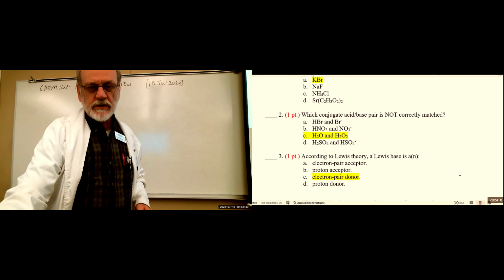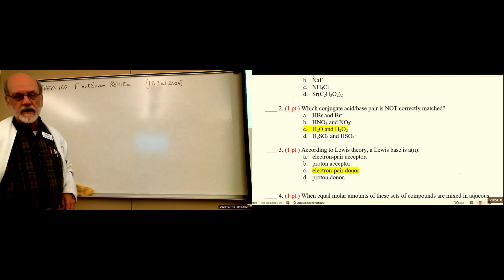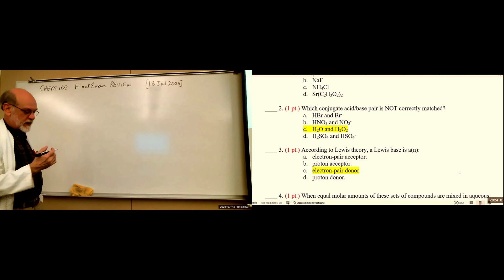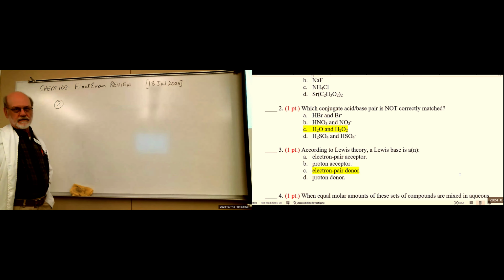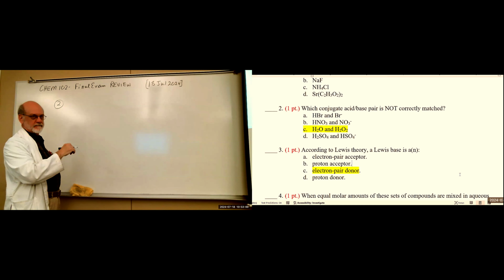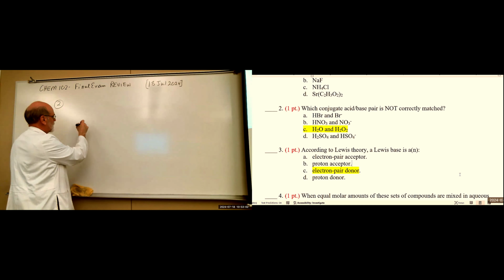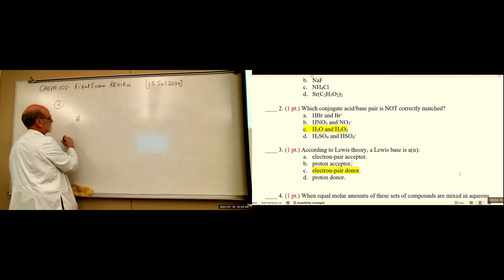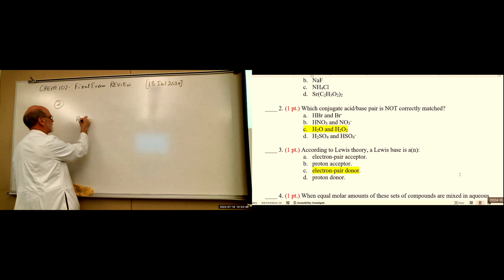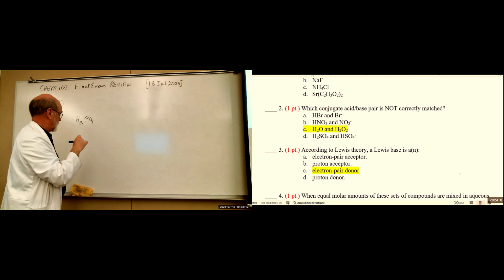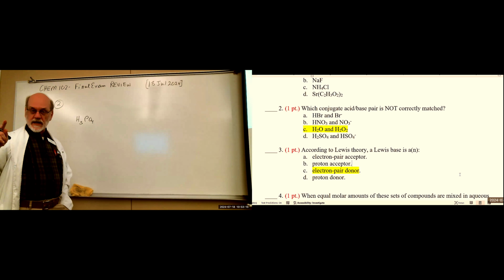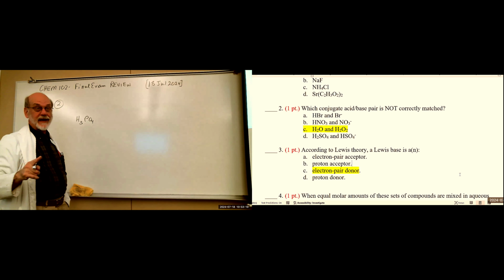Number 2, which conjugate acid-base pair is not correctly matched? Remember what we have to have for a conjugate acid-base pair. Think way back in the dim reaches of your mind. When you have an acid, say, phosphoric acid, remember, proton dissociations occur one at a time.